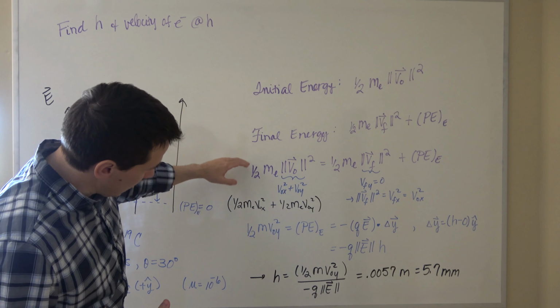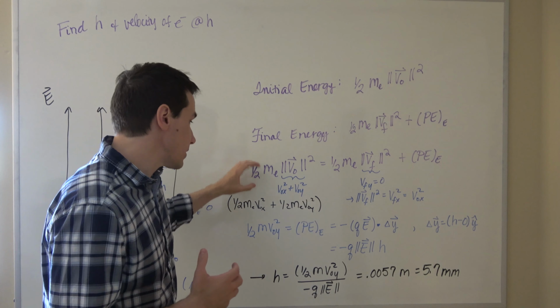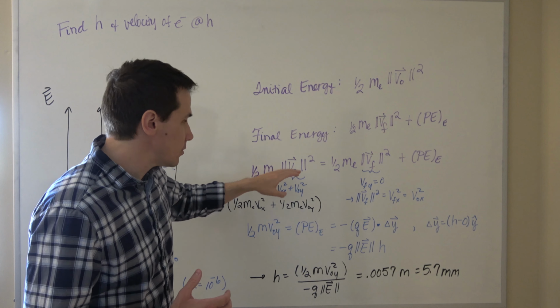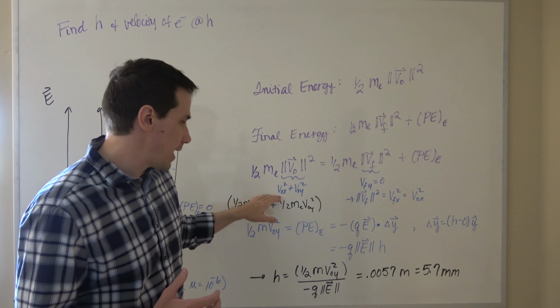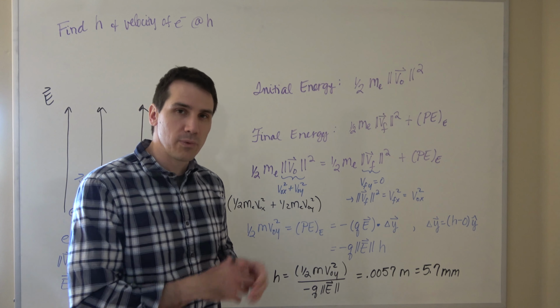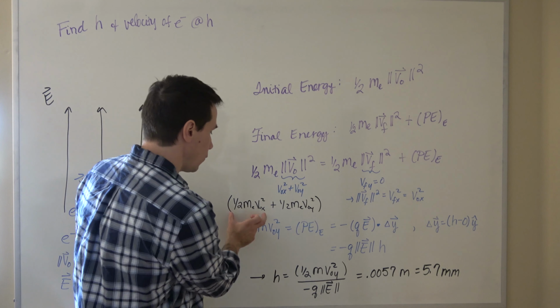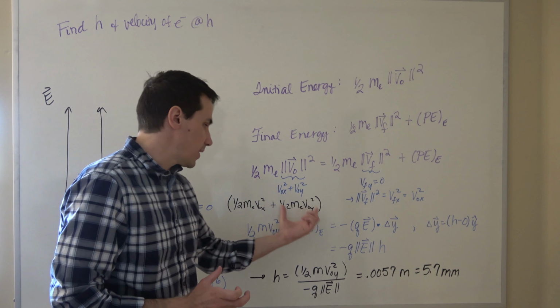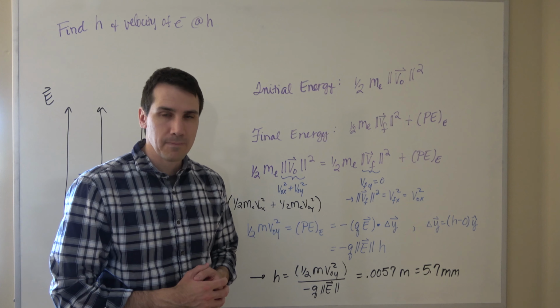Likewise, we can write our initial velocity explicitly in terms of x and y components. And we can write v naught squared as v naught x squared plus v naught y squared. And we can actually separate this into two independent terms, one depending on v naught x squared and one depending on v naught y squared.